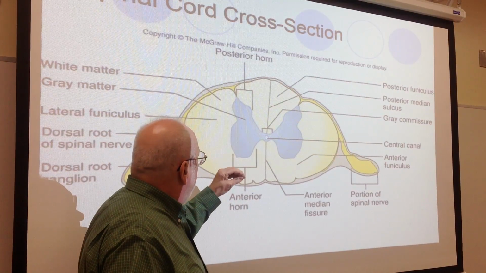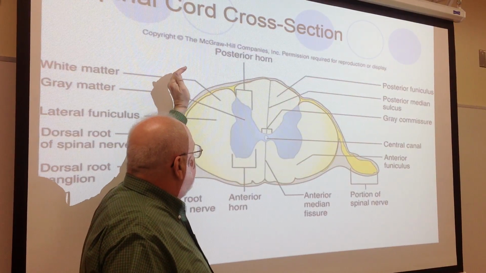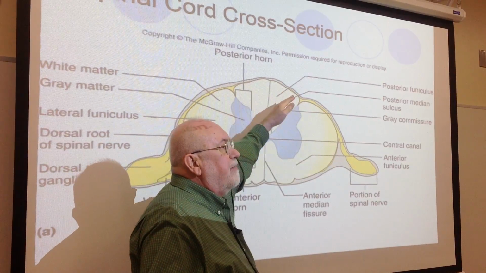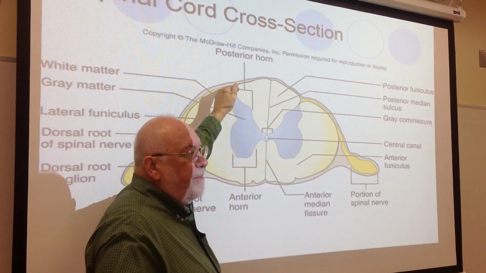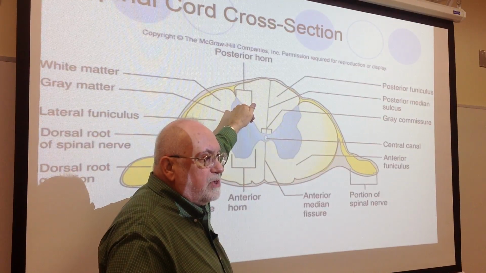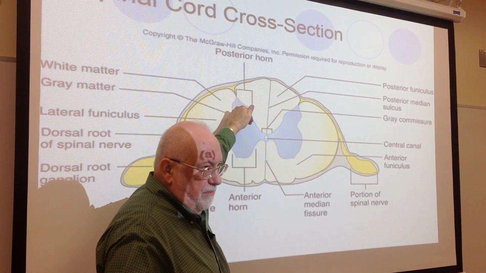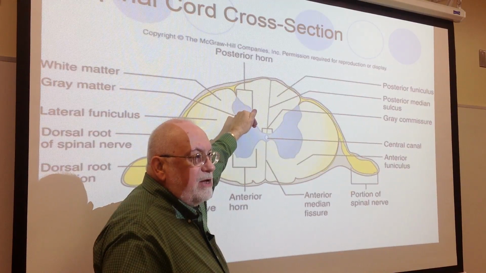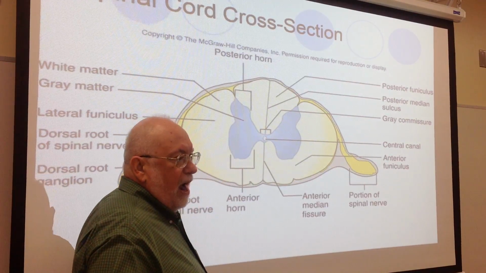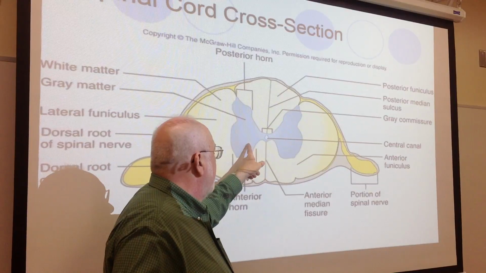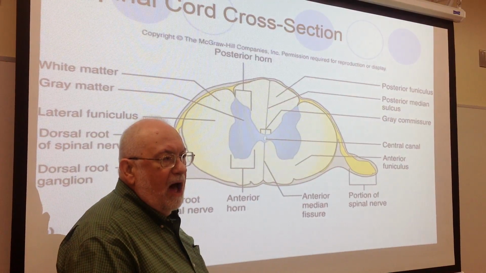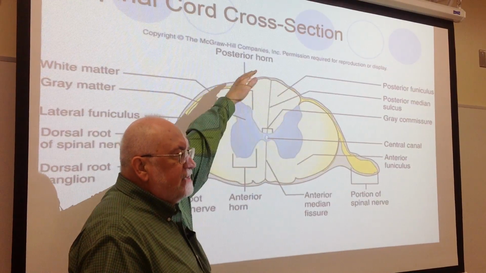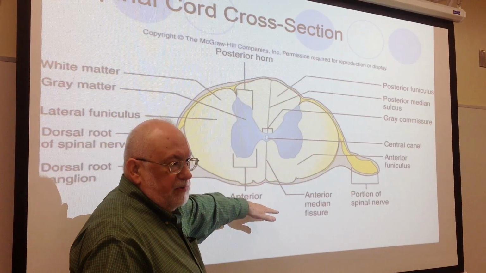All right, basically sensory information comes in the back. So sensory impulses enter from the posterior side into these posterior gray horns. Motor information exits out the front. So motor information is going to exit out the anterior horns of the spinal cord. So sensory in the back, motor in the front.